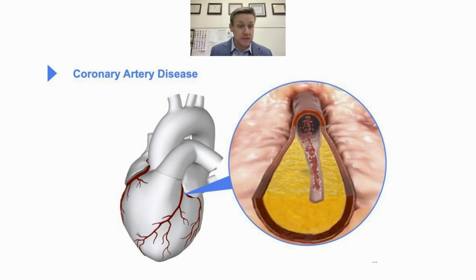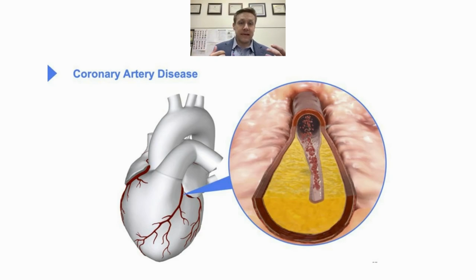And where is blood flowing to? Well, the myocardium, or the heart muscle, that's doing all of the work to supply our body with oxygenated blood. So a typical situation as these coronary arteries get very, very narrow is you really have a limitation on the supply side of myocardial oxygenation.